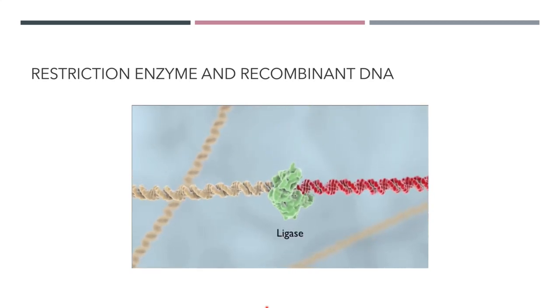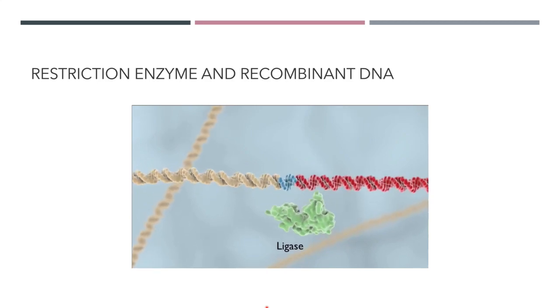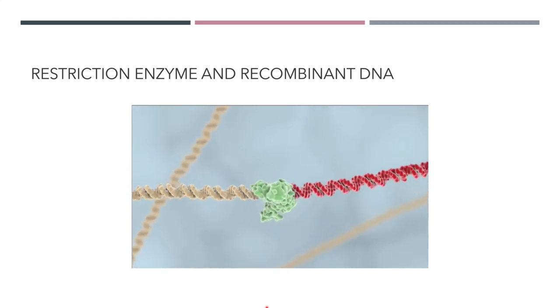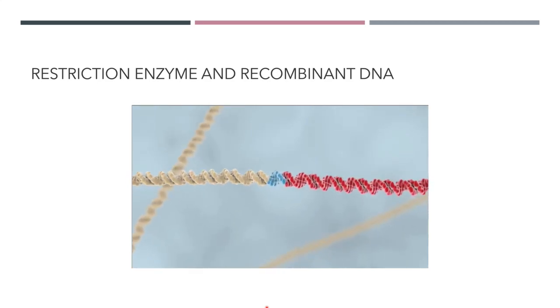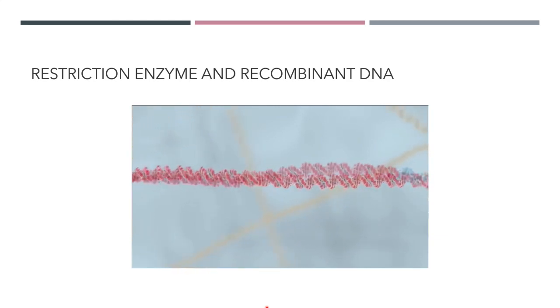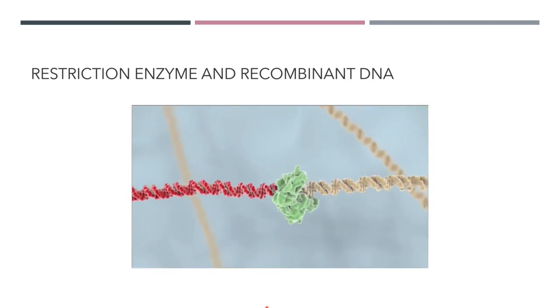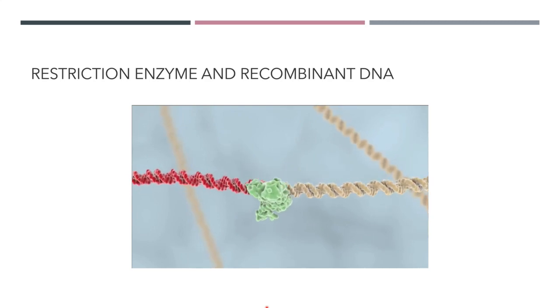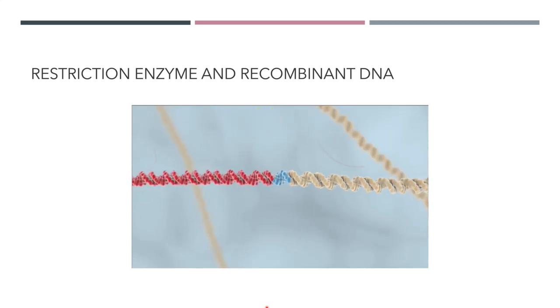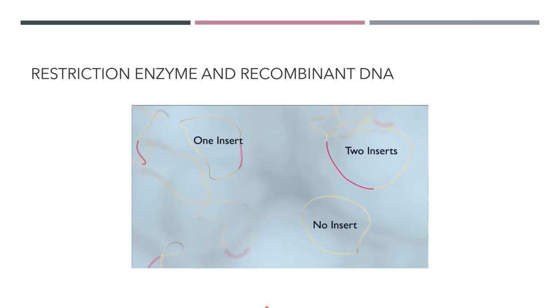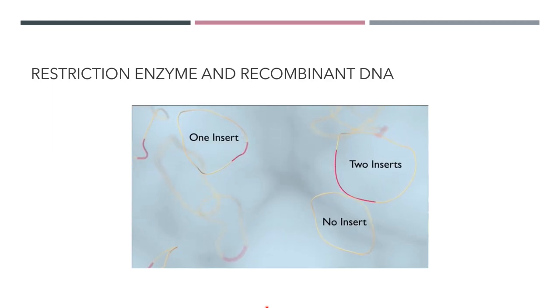This so-called ligase enzyme attaches the sticky ends in the solution to produce circular plasmids that now carry the gene that codes for the desired protein. Note that the efficiency of recombinant techniques is not 100% and may lead to plasmids with no inserts or multiple inserts.